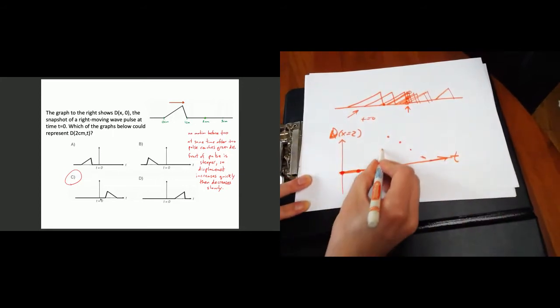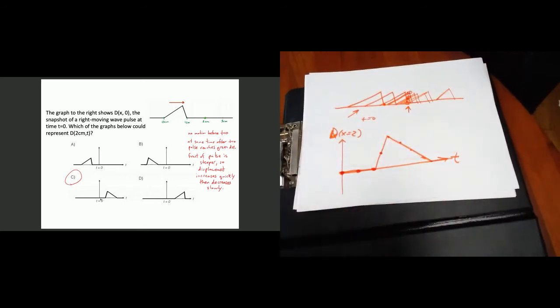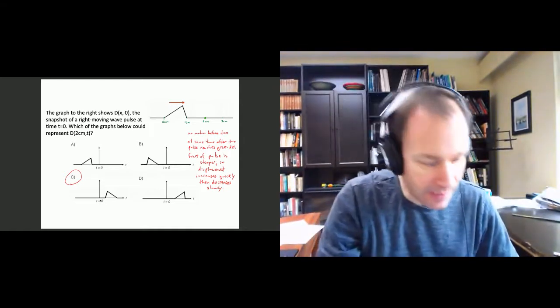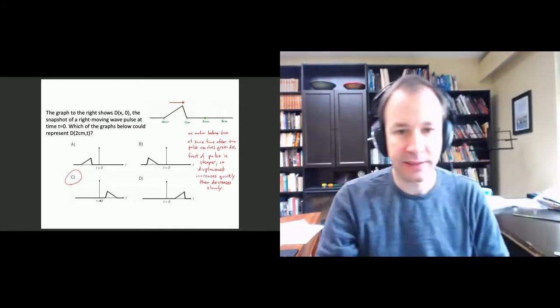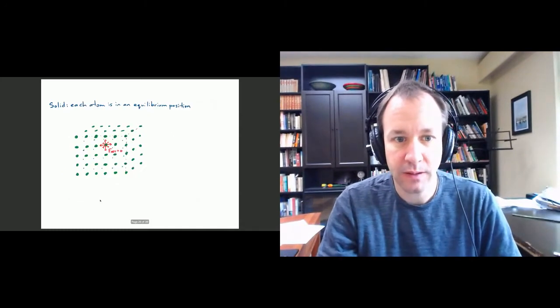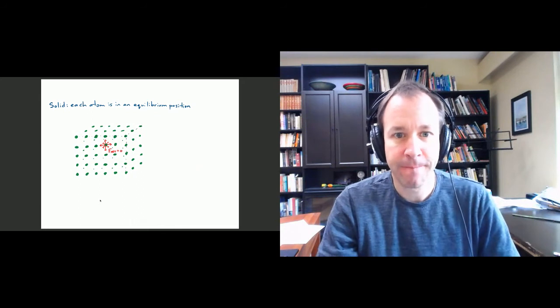It goes up relatively quickly, and then it comes down more gradually. All right, so hopefully that was relatively clear. We're going to give you more practice on that in the upcoming homework, I think, our final homework of the year.